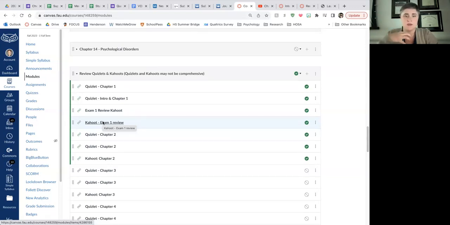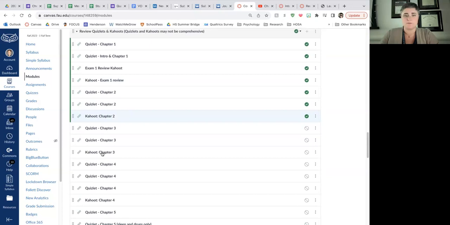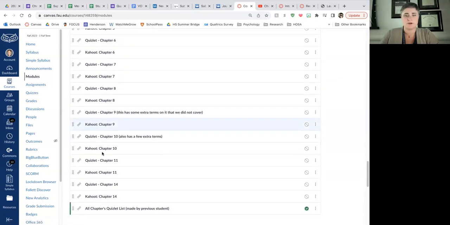The process of making a Quizlet, excuse me, it's like a flashcard game that they can do online. The Quizlets are great because they are a flashcard system, but making their own will help them get a deeper understanding of the content, because they actually have to sit there and type it in themselves. So I encourage them to make their own. However, if they don't want to, they can use the ones that I have available here. I have those for each chapter.